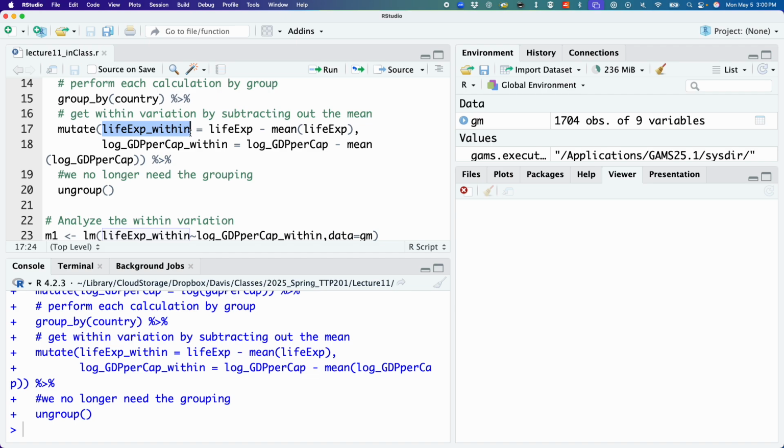We're looking at how a country's economy measured in terms of GDP per capita relates to life expectancy, or specifically how changes in a country's GDP relate to changes in life expectancy, right?